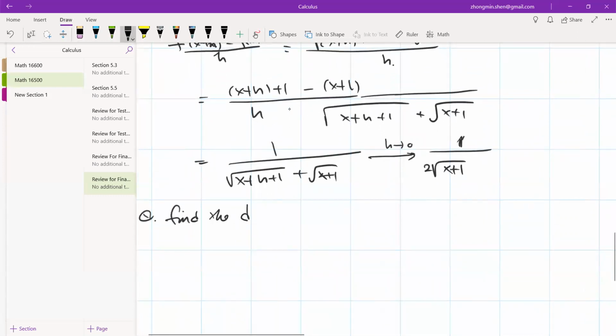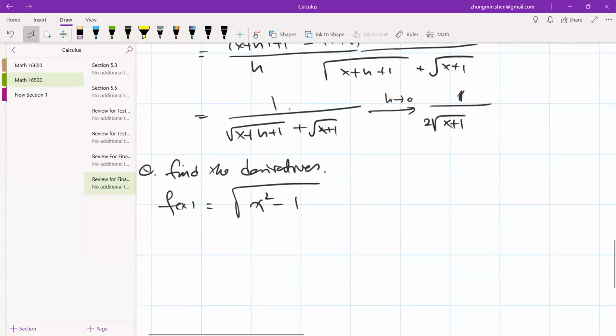Find the derivatives for the following problems. We have a bunch of problems here. And f(x) is going to be the square root of x squared minus 1. Well, we use the chain rule to find it because this is a composite of two functions, right?